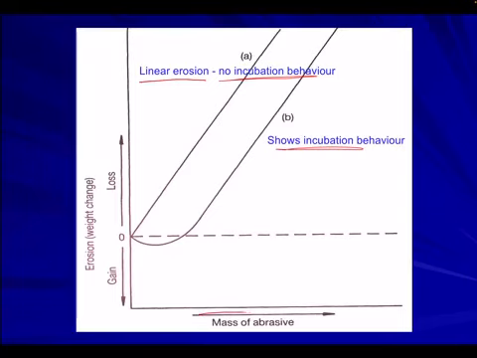This is the mass of the abrasive that you apply, and the loss is like this. With linear erosion, just initially from the beginning, there's a loss in material. But with non-linear erosion, you first get a period where there's a bit of gain, and then the erosion continues.